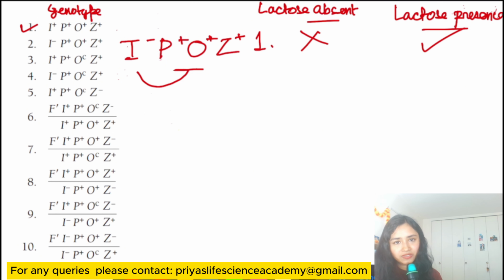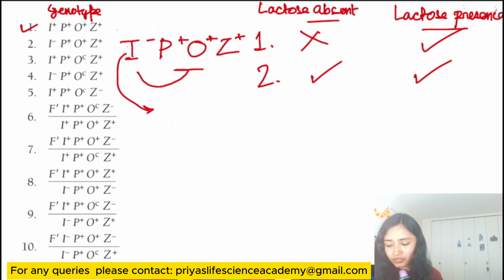So the operator is free, even in the absence of the inducer, because no functional repressor is made. So in the absence of lactose also, the operon will be turned on, and in the presence of lactose also, because there is no need of the lactose molecule, the inducer molecule. So for this operon, the expression is constitutive.